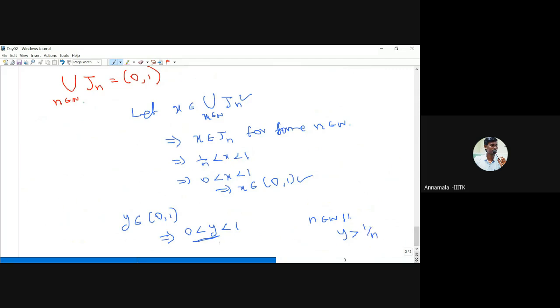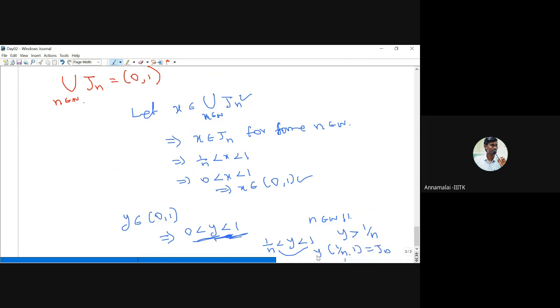And y is always less than 1. Therefore y is bigger than 1/n for some n, and this inequality says that y is strictly less than 1. Therefore y belongs to this interval, the interval (1/n, 1). This is nothing but Jn.